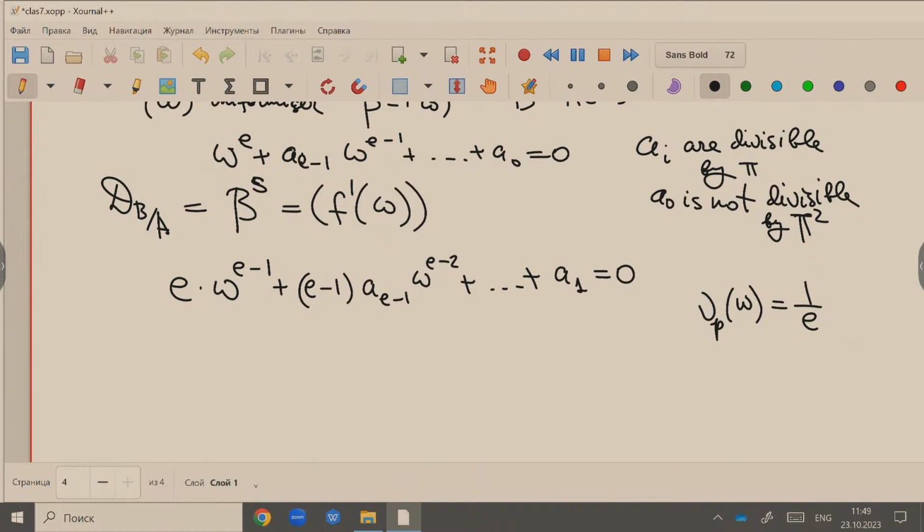Here the valuation is divisible by e. So let us start with the characteristic zero case, where the characteristic of k is equal to 0.